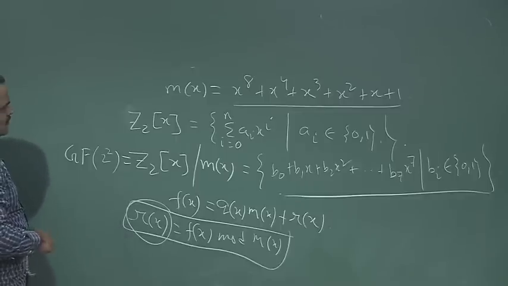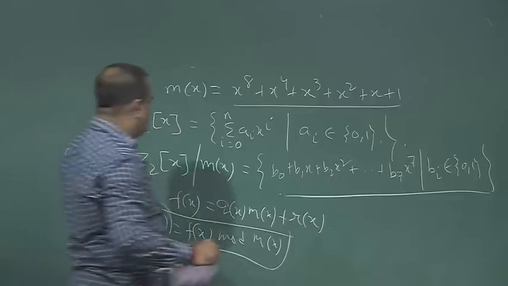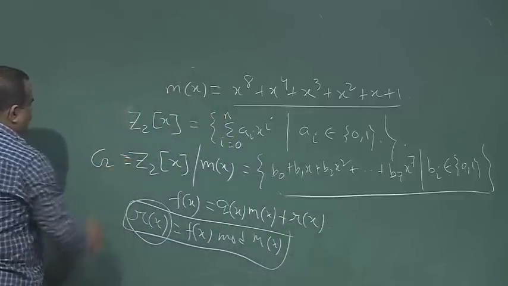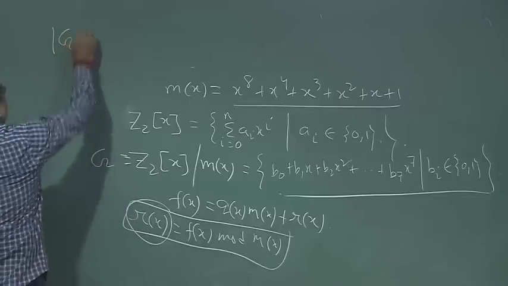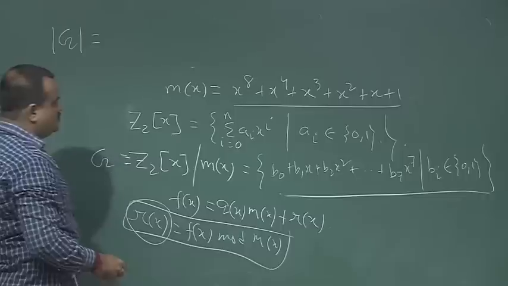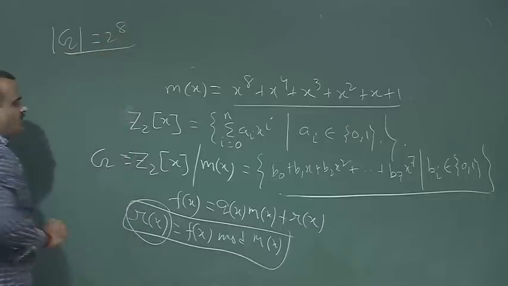Sorry, GF 2 to the power 8, because what is the number of elements? If this is the set G, what is the cardinality of G? It is all possible values of b0 to b7. There are two possibilities each, so 2 to the power 8. So, this is a finite set.